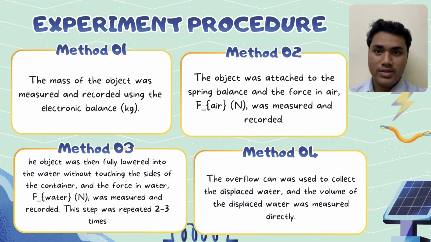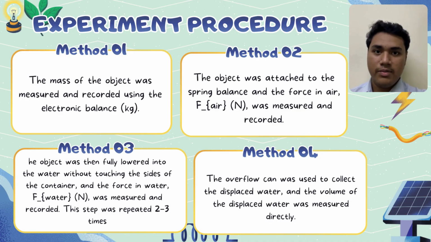Experiment procedure. Step 1: the mass of the object was measured and recorded using the electronic balance in kg. Step 2: the object was attached to the spring balance and the force in air was measured and recorded. Step 3: the object was then fully lowered into the water, not touching the sides of the container, and the force in water was measured and recorded.